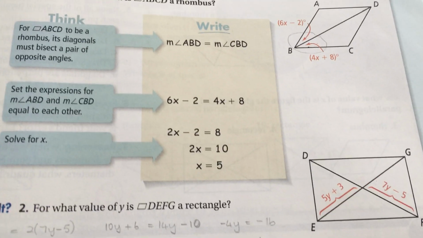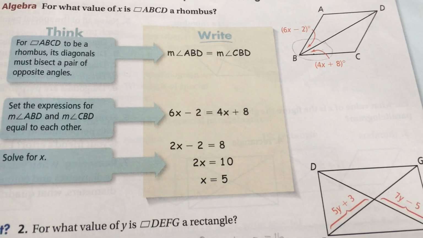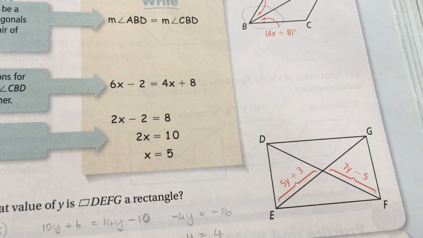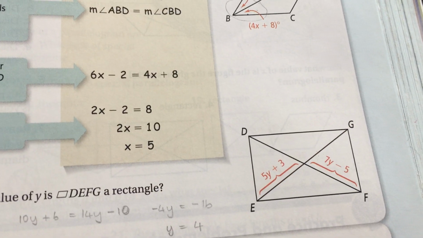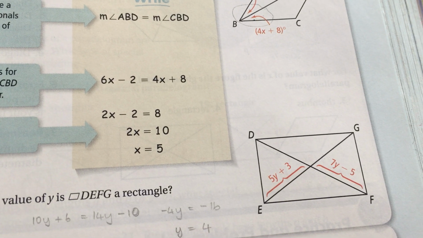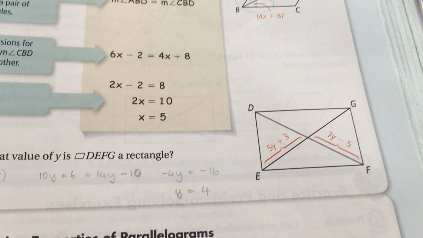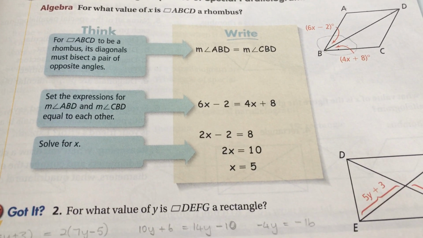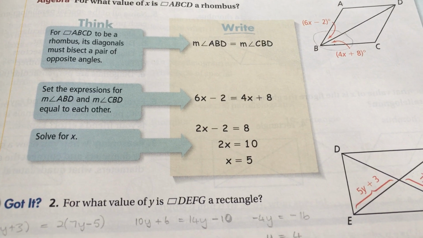Okay, I want you all to try Got It number 2. You pause the video and try that one on your own. So go ahead and pause it now. And I want to show you 2 different ways to work this one. For what value of y is parallelogram DEFG a rectangle?